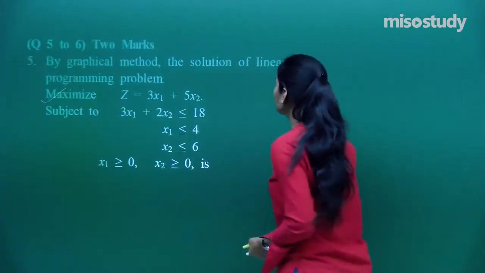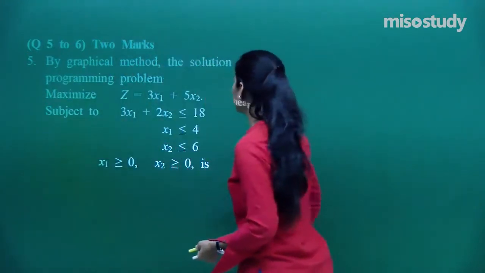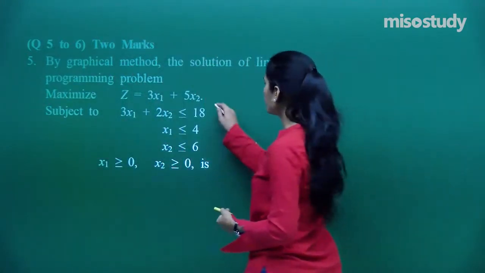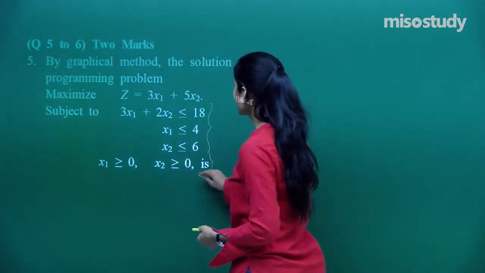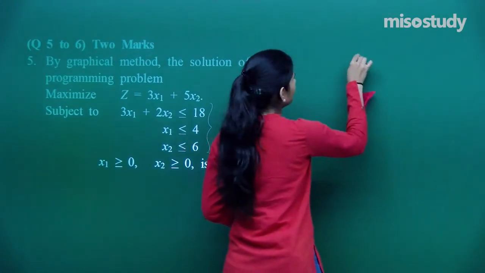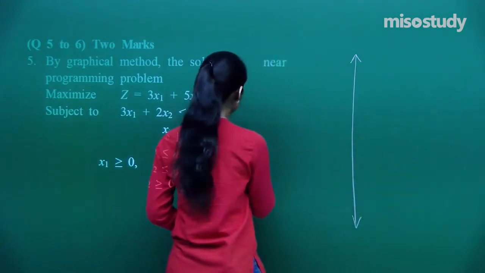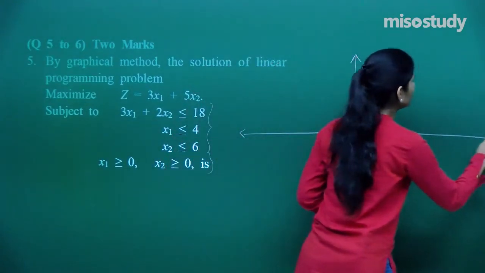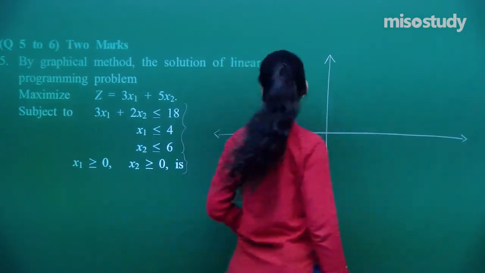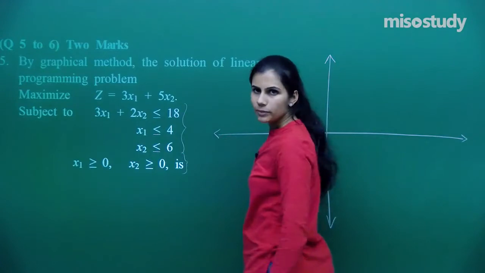By graphical method, the solution of this linear programming problem would be what? Let's begin. We need to plot all the constraints and also take into consideration this non-negativity restriction. Let's begin the plotting. You all know how to carry out the process. 3x1 + 2x2 = 18 you will be considering.